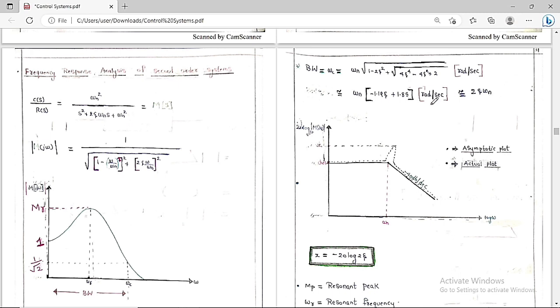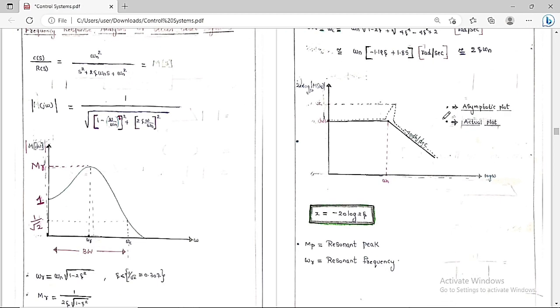These formulas you always have to keep in your mind. So finally, the bandwidth is omega c, equal to that exact expression, approximately equal to omega n into minus 1.19 zeta plus 1.85 radians per second, and still nearly equal to 2 into zeta into omega n. So this is all about this one.